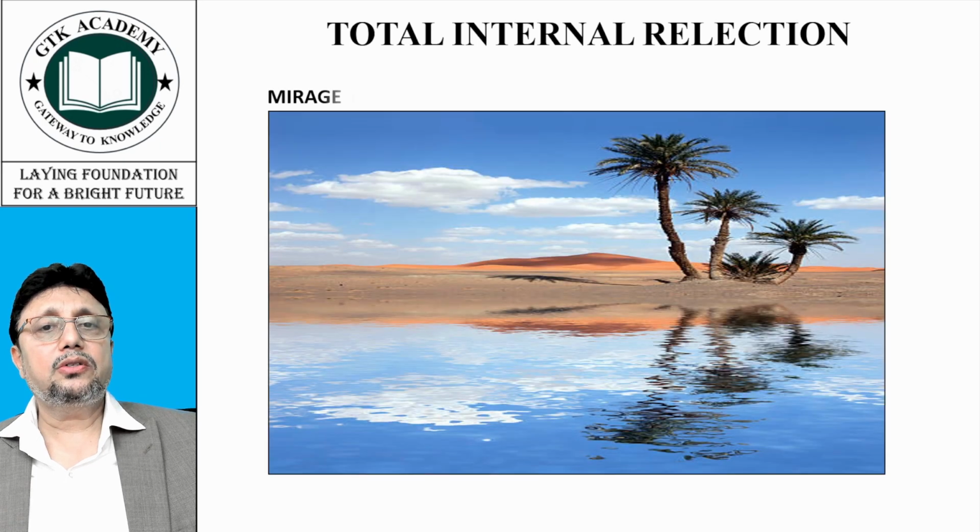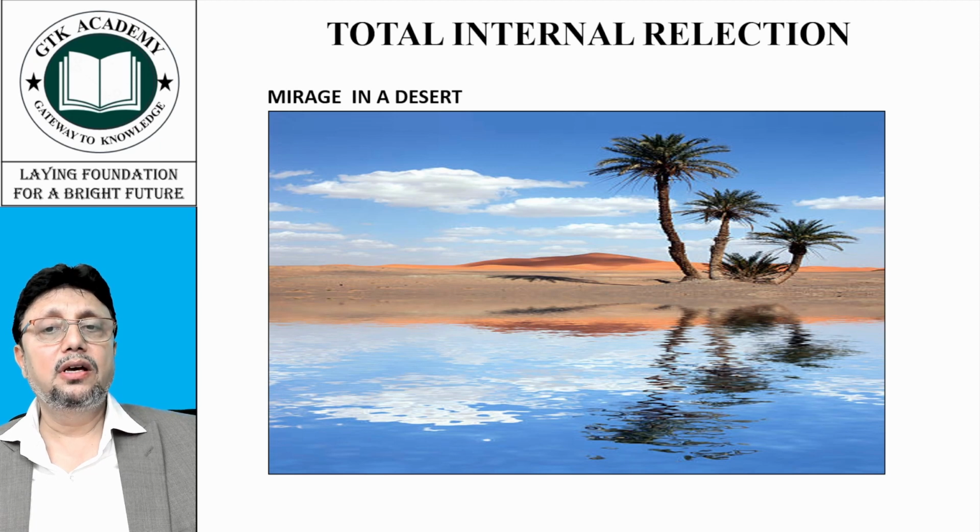Just see a snapshot of optical illusion in desert. So this is mirage in desert. In desert it happens, the people who very frequently travel in deserts, especially during summer days, they see this kind of illusion.